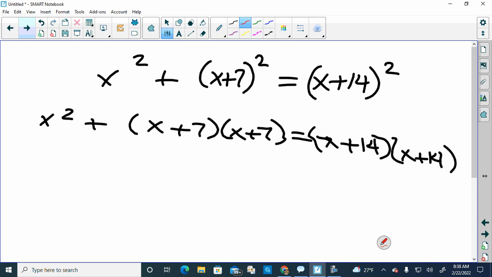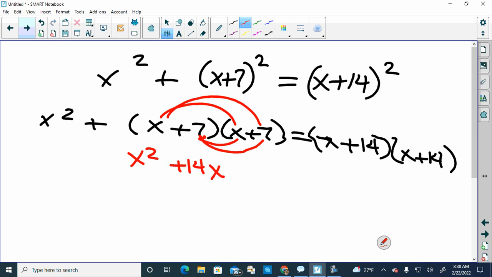Okay, so we need to do distributive property so we can start combining like terms. Okay, so x times x is going to give me x squared. This is going to give me 7x, and this is going to give me 7x. So I have a 7x and a 7x, so when I add those two, I'm going to get 14x. And then 7 times 7 is going to give me 49.